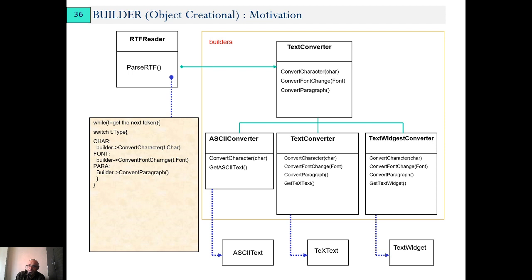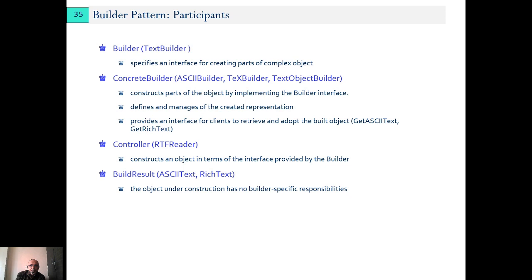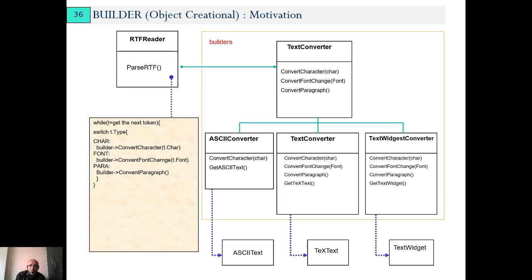Now the builder, text converter, is the builder. ASCII text and text widget converter are the concrete builders. Just go to the previous slide: concrete builders, ASCII builder, text and text object. So the outcome is ASCII text and the other two text types.